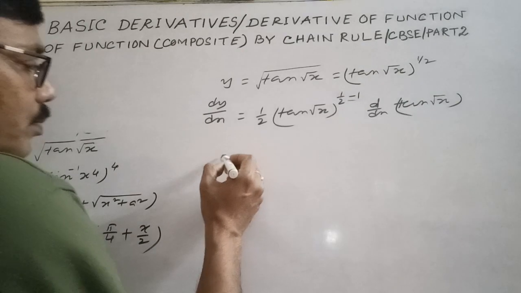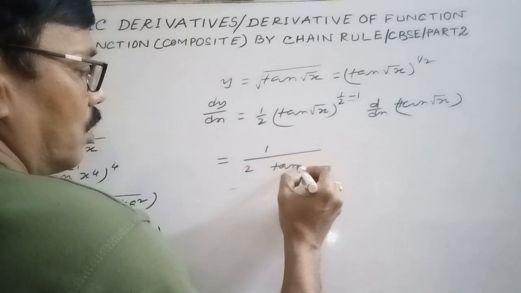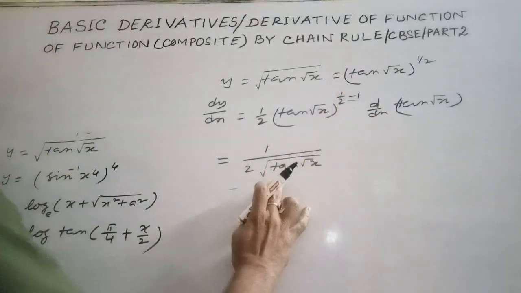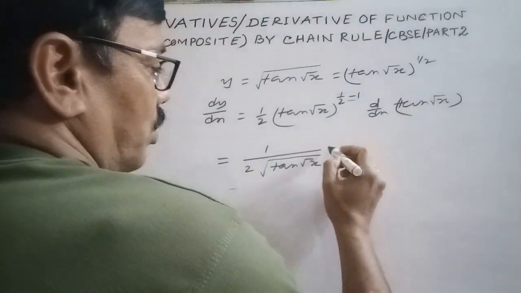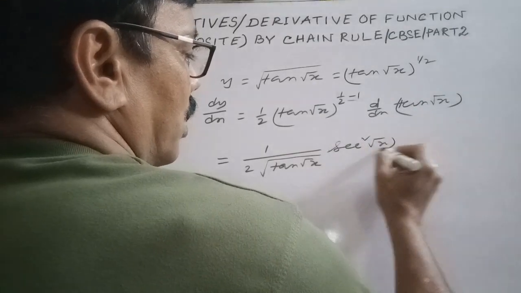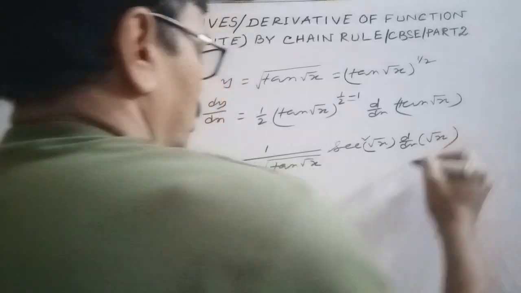Now 1 by 2 into tan of root x, this whole to the power minus half, root over tan of root x. Now derivative of tan of root x, main function is tan. So sec square root x. Then argument d/dx of root x.